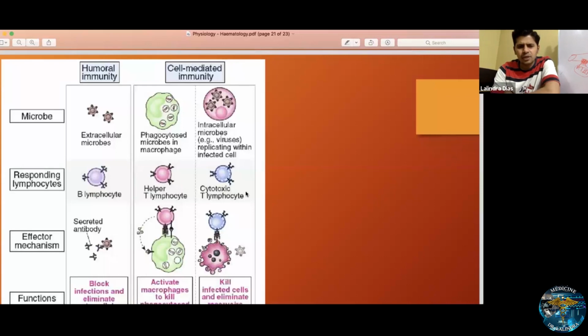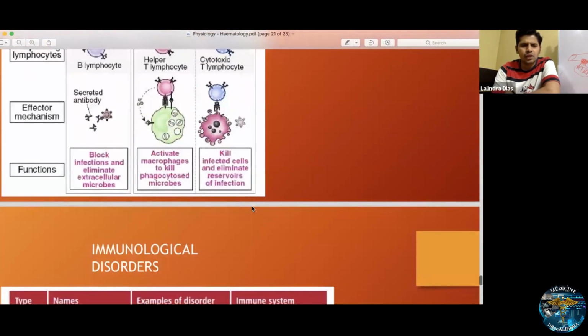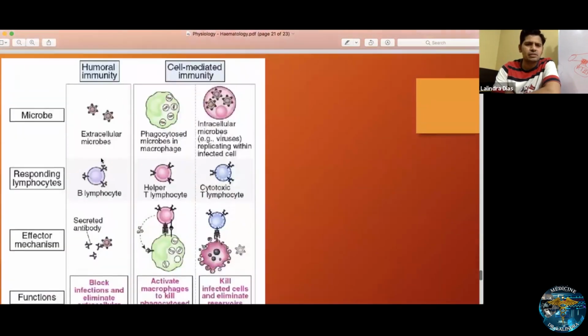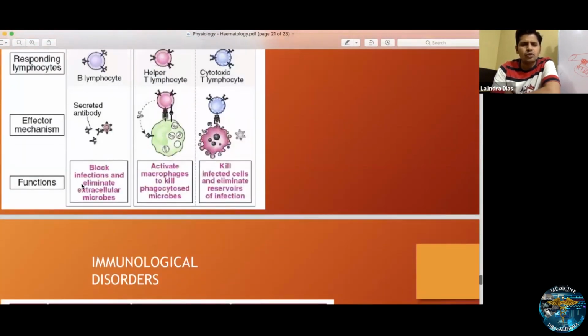So the functions have been mentioned here. In humoral immunity, block infections and eliminate extracellular microbes. In cell-mediated immunity, activate the macrophages to kill. So they attack the bacteria or virus.